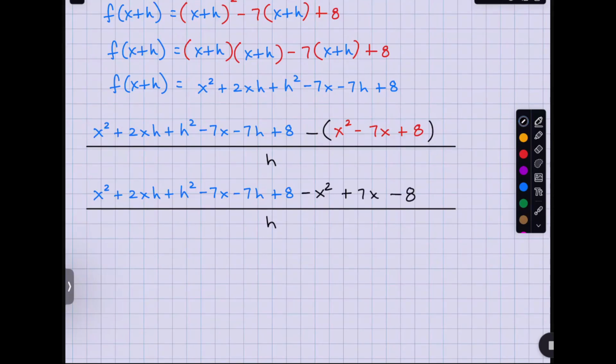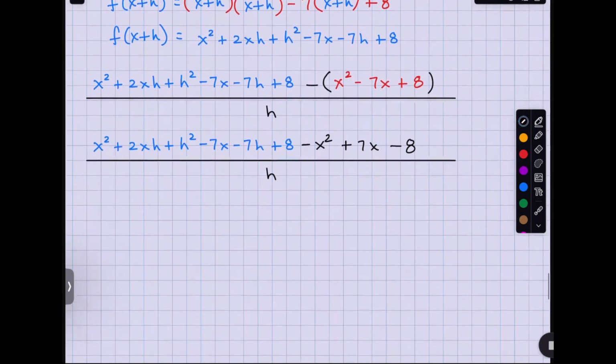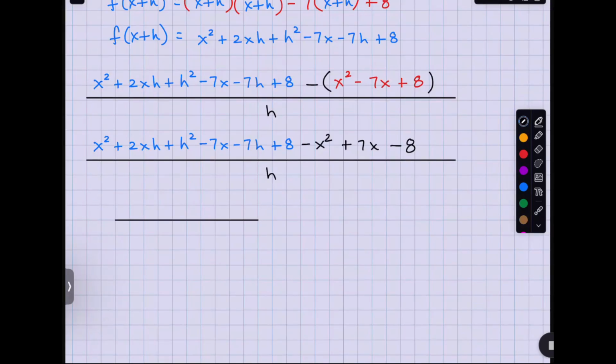And what happens to all three of those? They go bye-bye. They go down the toilet. So I'm left with 2xh plus h squared minus 7h all over h.